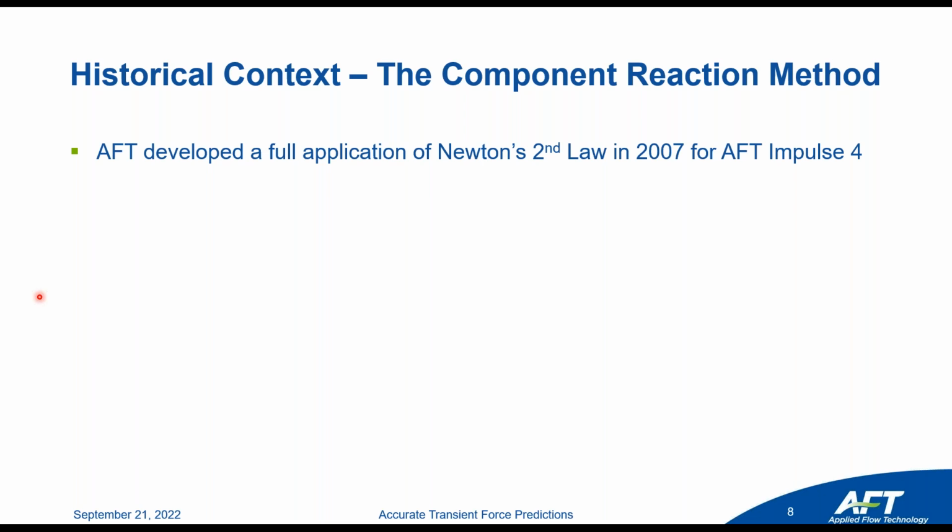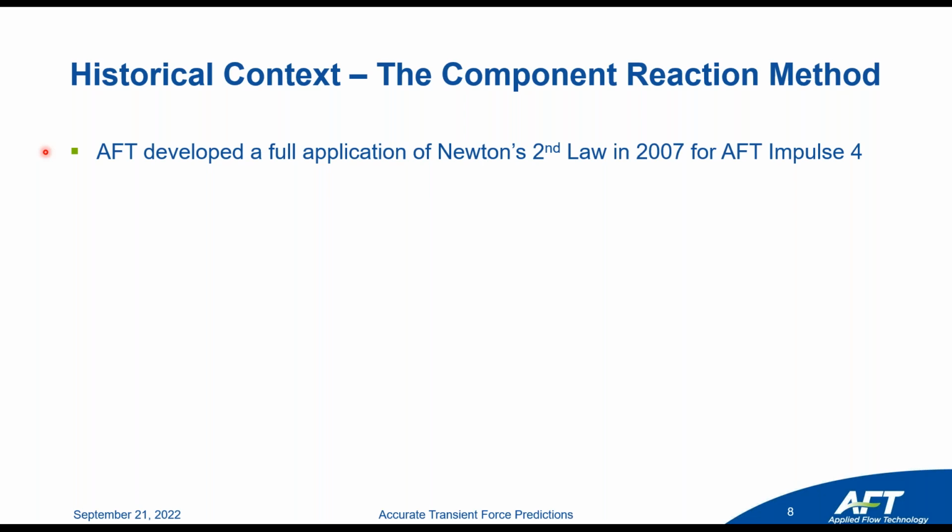Okay, this goes back really to 15 years ago, and I actually worked on this personally in AFT Impulse version 4. Back in the 2006 timeframe, in 2007, we started to implement for the first time the ability. I mean, our Impulse software goes all the way back to 1996.